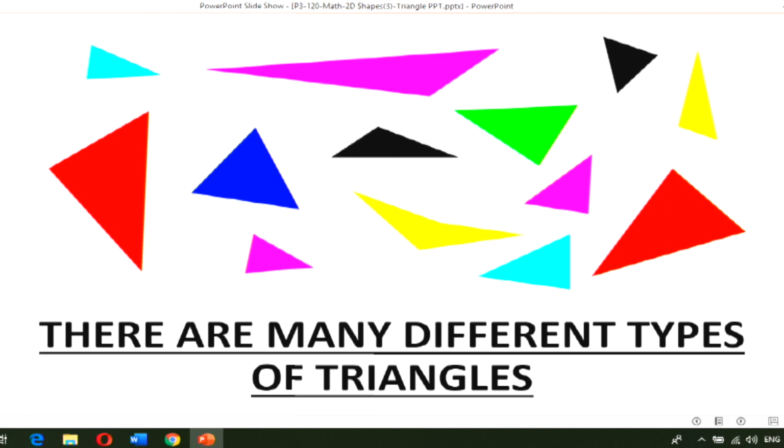You see in the picture here, these are all triangles, all different shapes and all different sizes, colors too. But the one thing they all have in common, 3 sides and 3 corners. Every triangle must have 3 sides and 3 corners.